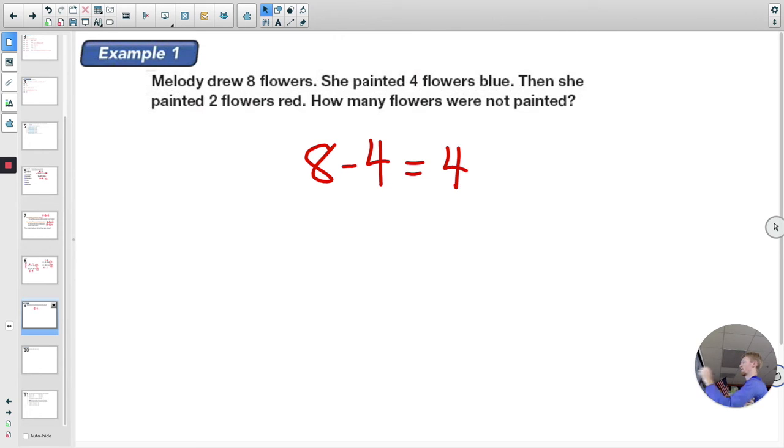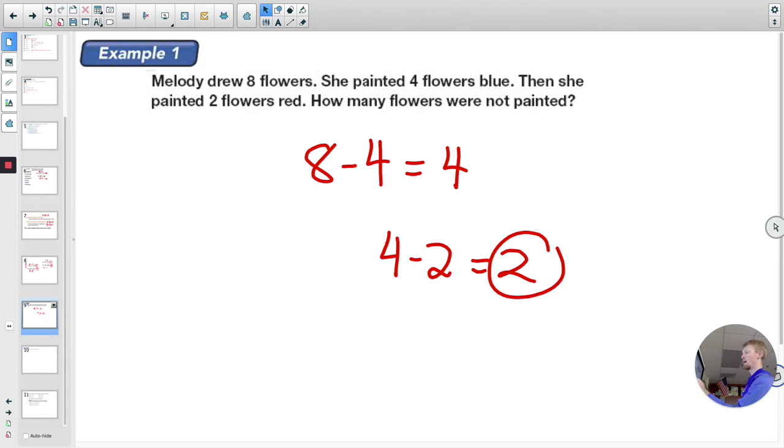We have 4 left. 2 more flowers red, so 4 minus 2, and we have 2 left over that were not painted. Another way you could have done this is 8 minus the quantity of 4 plus 2, because that's how many she painted. She painted 6 flowers, and then you get 8 minus 6, which would give you 2 as well.